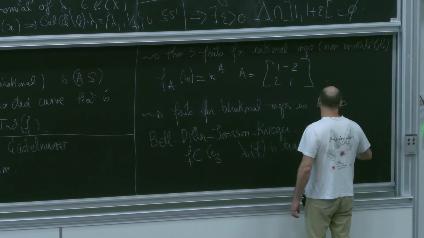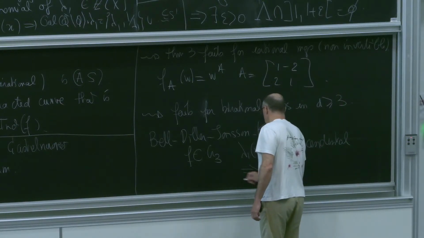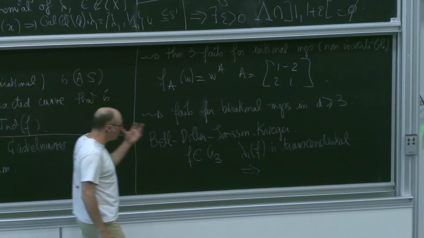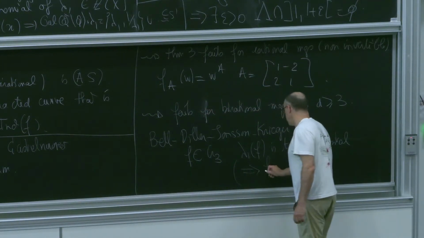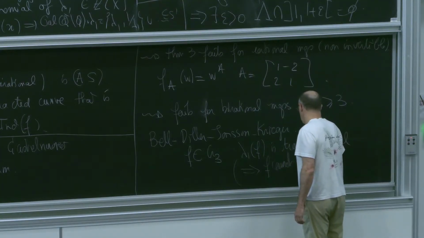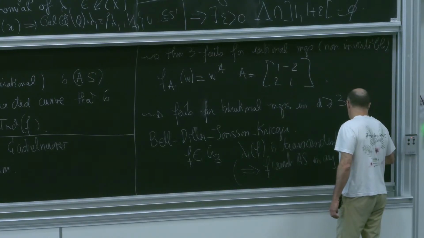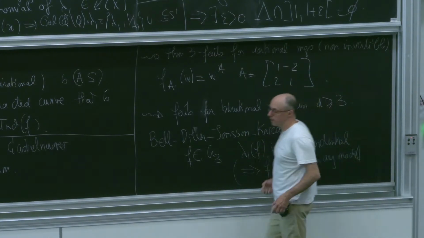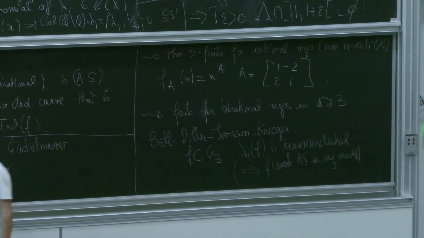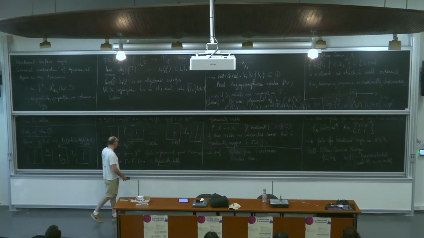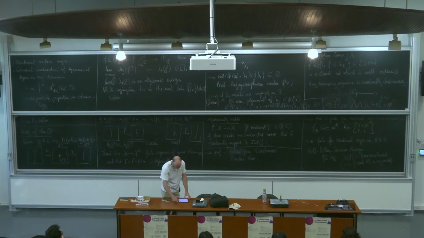I'm not explaining why, or I'm going to explain later, but this implies in particular, in a very strong form, that F cannot be algebraically stable in any model, in any blow-up of P3, but in fact on any rational variety. Okay? So we were very lucky to be able to prove this theorem at the time.